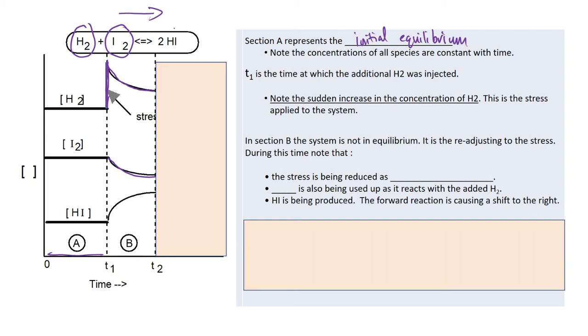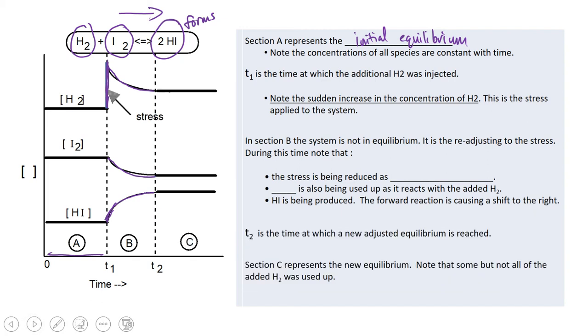But shifting to the right forms my product HI. So we see the product curve do the opposite. It increases. Okay. Eventually, we're going to get back to some sort of balance, which is constant concentrations.